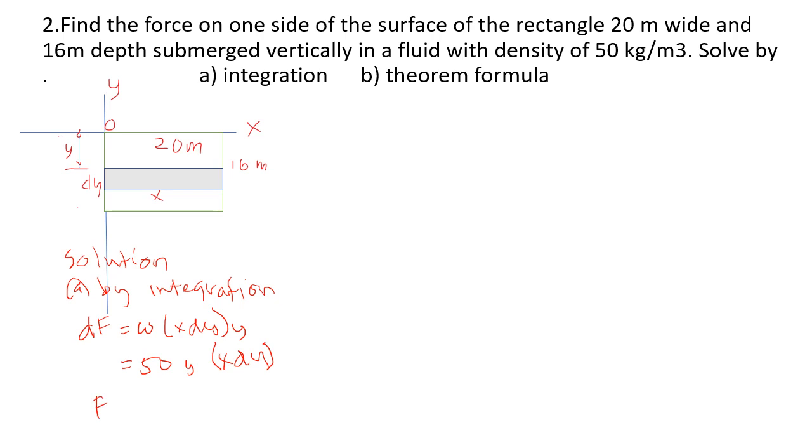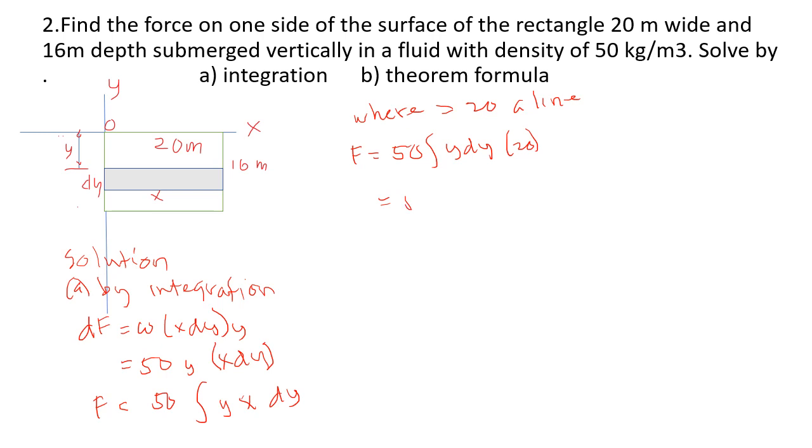So F equals 50 integral of y x dy, where x equals 20. So F equals 50 integral of y dy times 20, equals 50 times 20 integral of y dy, equals 1000 times y squared all over 2, from 0 to 16.